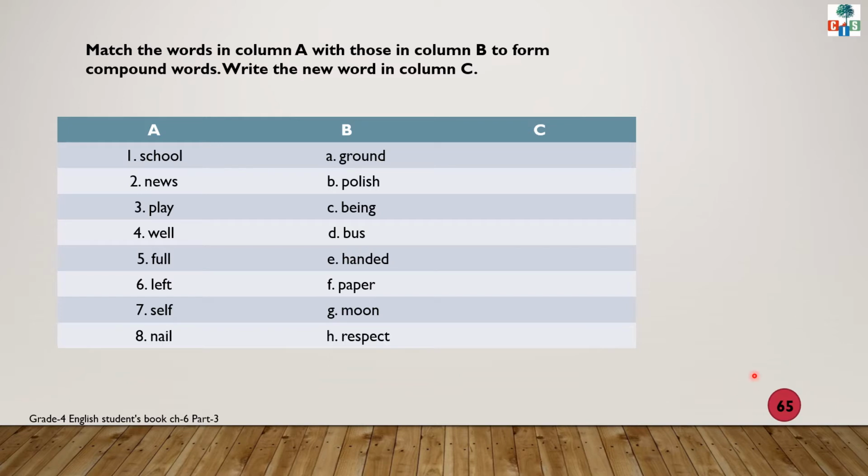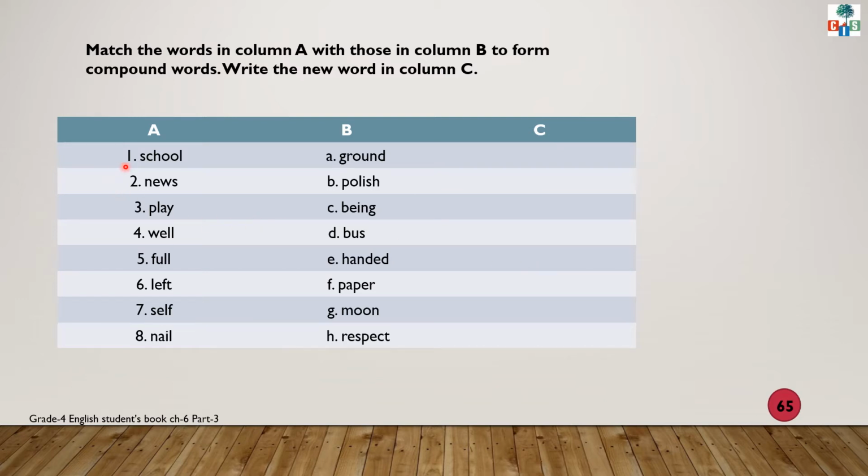Now, children, on page number 65, a table is given and you have to match the words which are given in column A with the words in column B. You have to make a compound word and write it in column C. Now look at the first one.